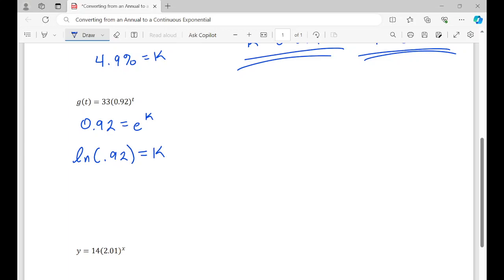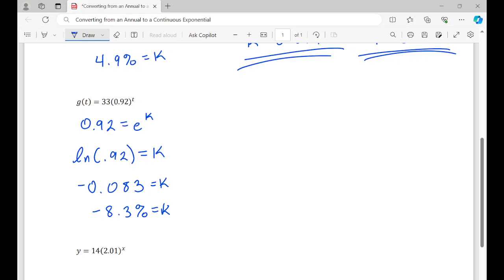And again, putting this into a calculator, to 3 decimals I'm going to end up getting negative 0.083 for k. And again, as a percentage, it's going to be negative 8.3% for k.